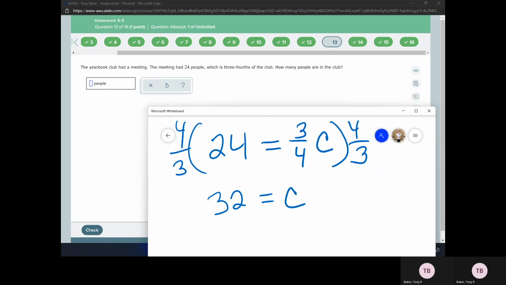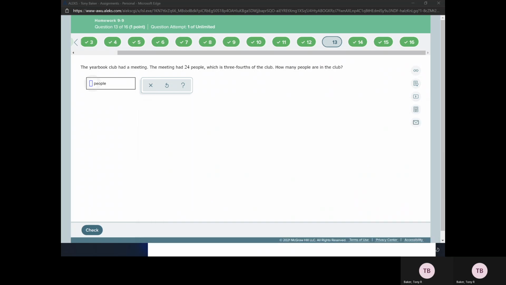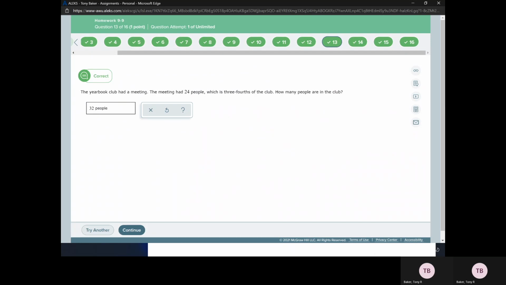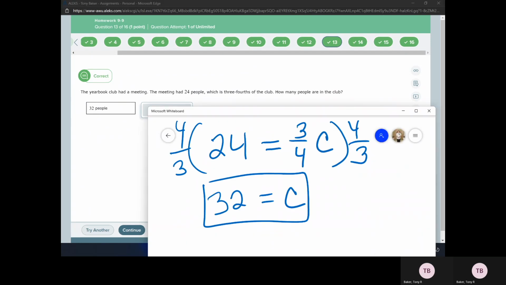Equals C, because those cross off. This one, they want you to translate and actually solve it. All right, and that's it.